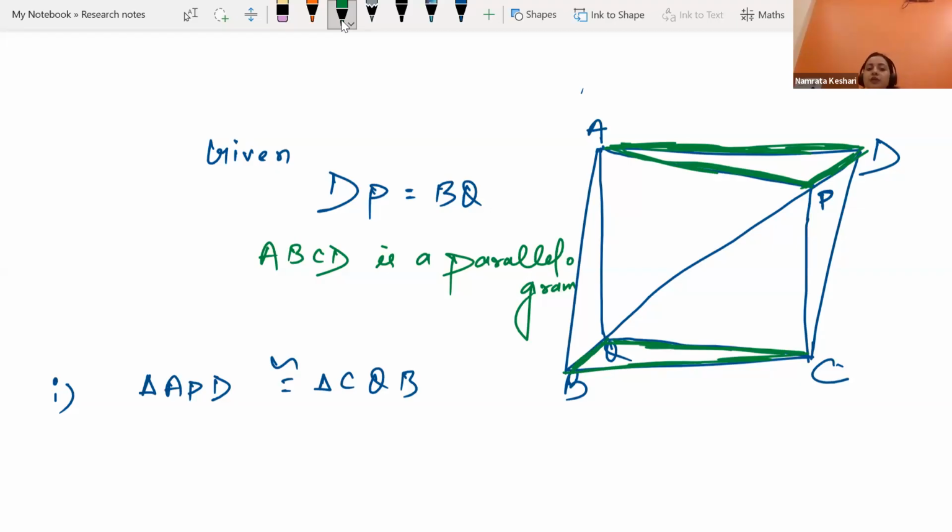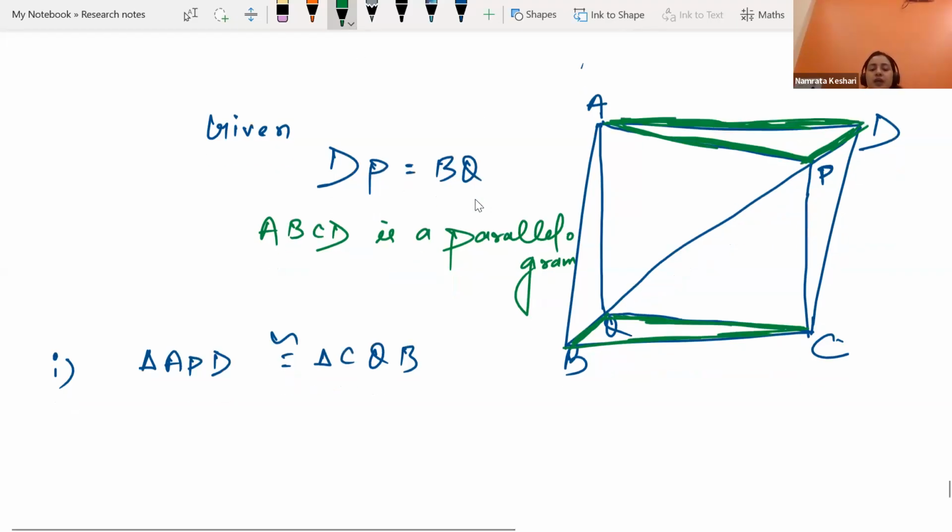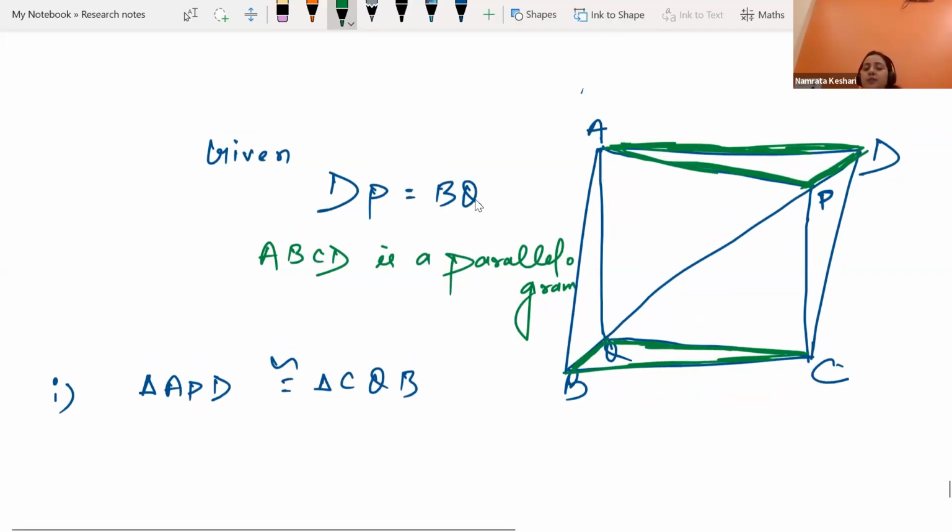What is given over here? See very carefully, it is already given that DP and PQ are equal. One side over there and one side over here are equal. Since this is a parallelogram, we can say that AD is equal to BC, right? AD and BC will be of equal length since ABCD is a parallelogram.